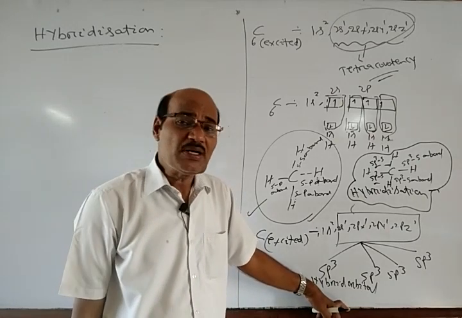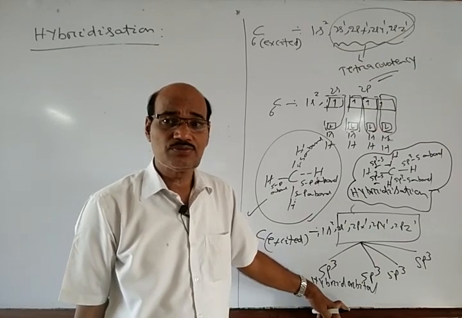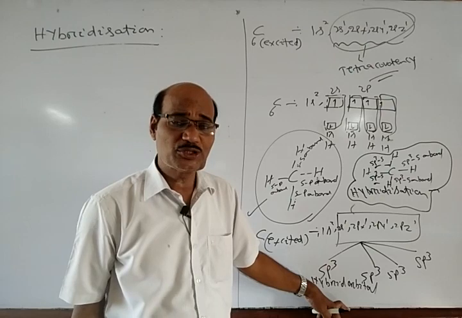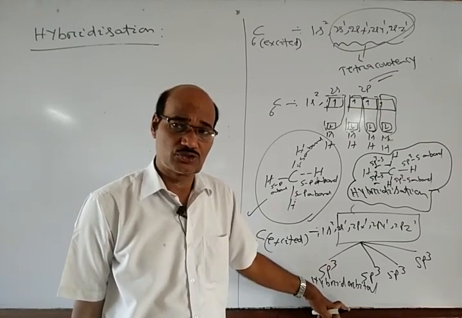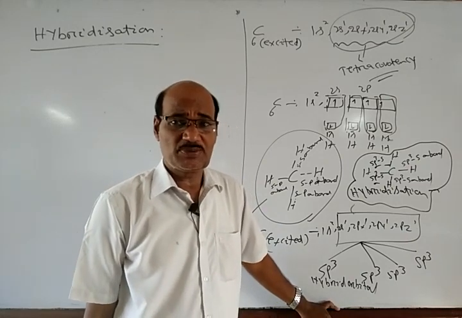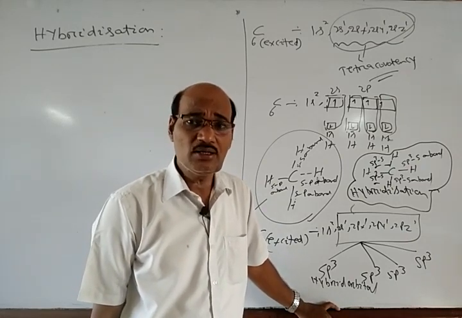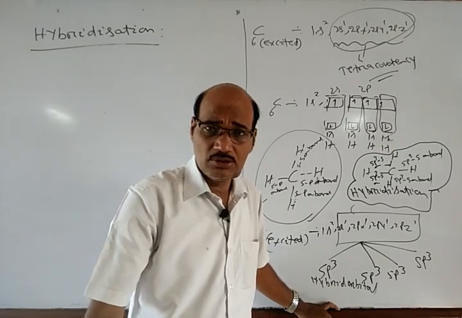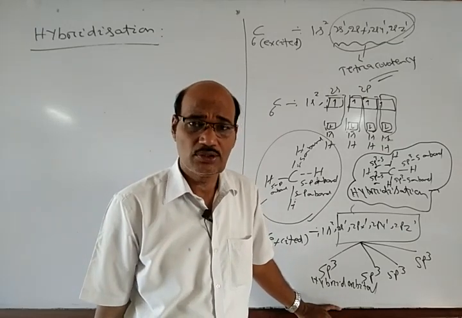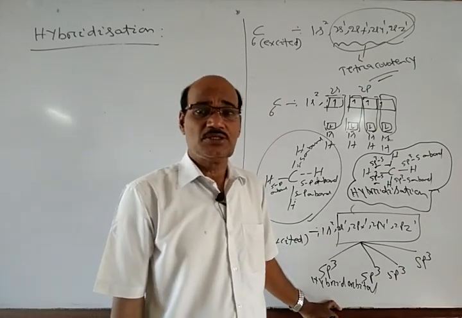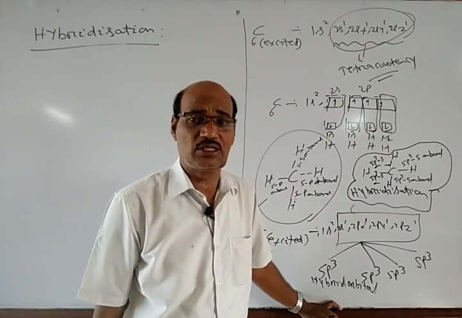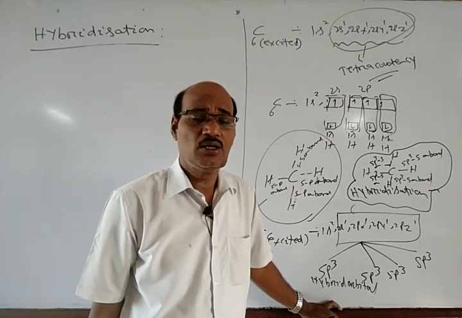Different kinds of molecules undergo hybridization. The central atom undergoes hybridization to form different kinds of molecules. We can explain the geometry, the shape, and the bond angle between the different orbitals on the basis of hybridization. So we can explain the shape and geometry of the methane molecule, we can go for ethylene, styrene, ammonia, water.